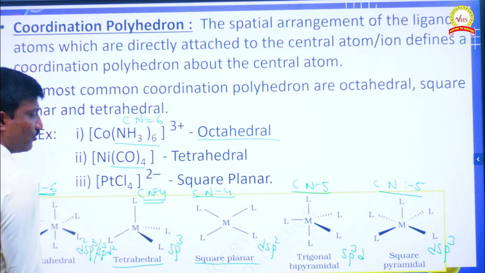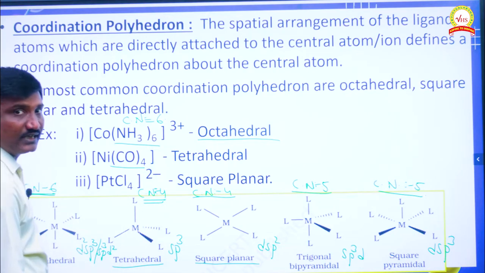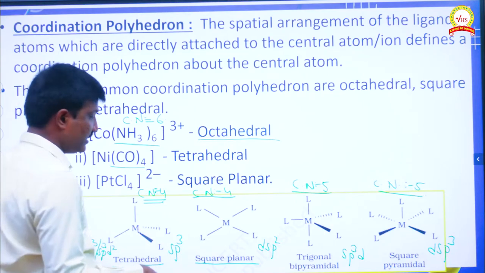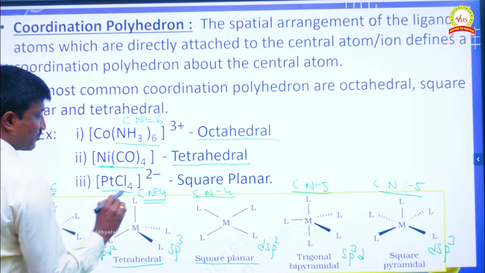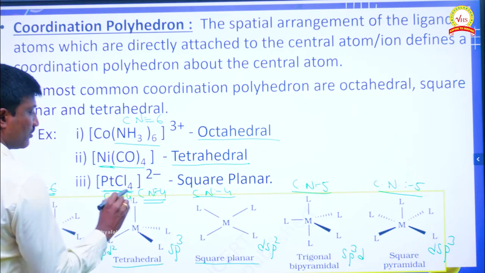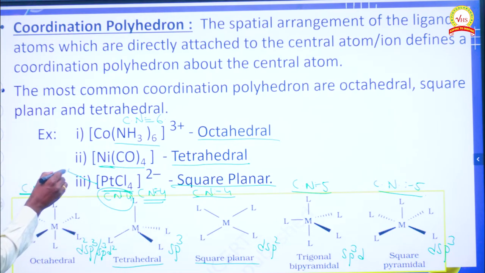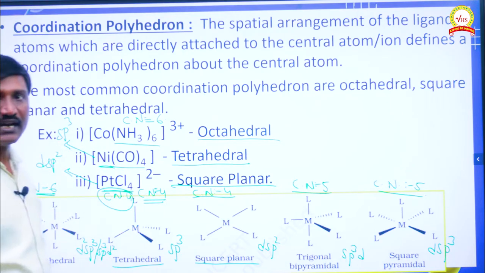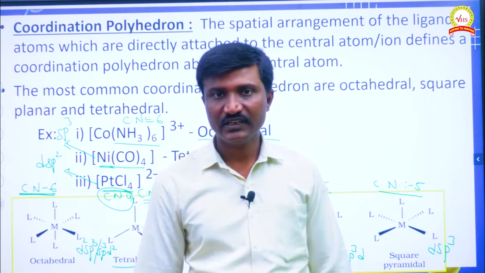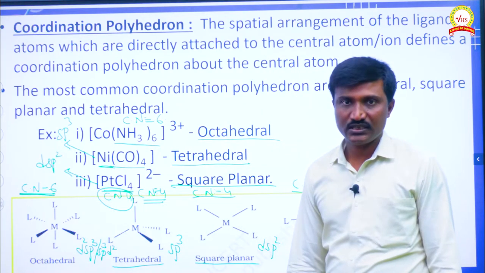Here coordination number 4 means it may be either tetrahedral or square planar, depending on the hybridization of the central metal atom. This compound gives tetrahedral shape, but this one also has coordination number 4 and gives square planar. In this, platinum participates in dsp2 hybridization, but in this, nickel participates in sp3 hybridization. So depending on the hybridization, even if the coordination number is the same, the shape changes.